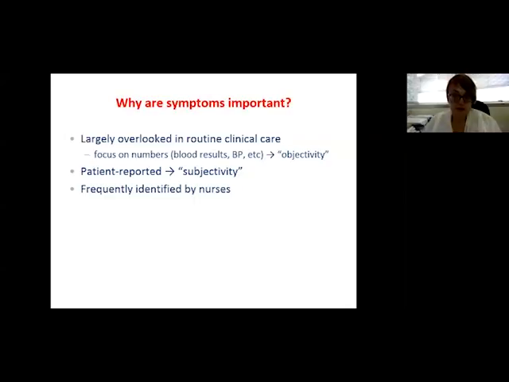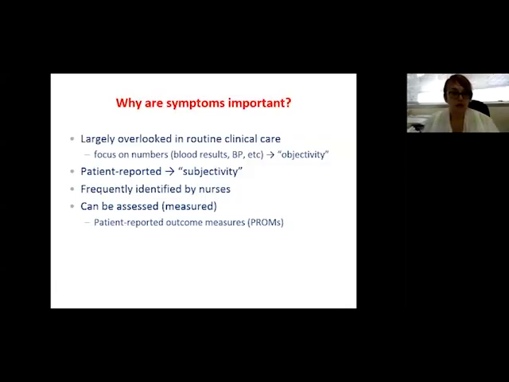Symptoms, though, are something that we frequently identify. Patients are telling us because we're at the bedside or the clinic chair or wherever we're working, and we're listening to patients and they're reporting their symptoms. But often we can't objectively measure it. However, and this is what I'm going to get onto, we can measure them, and these are through patient-reported outcome measures called PROMs.